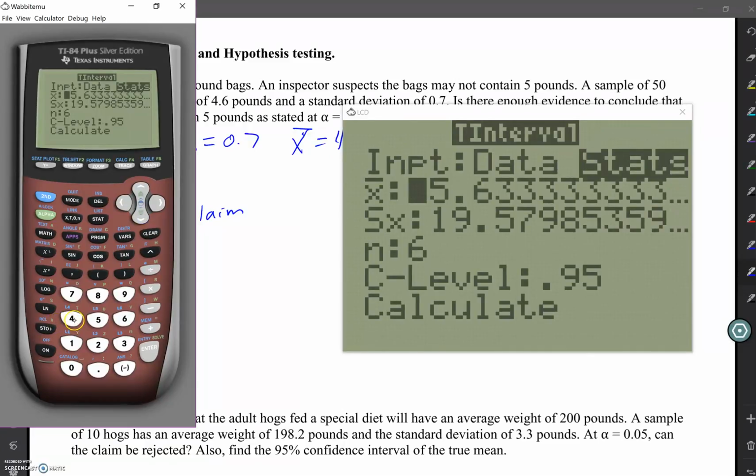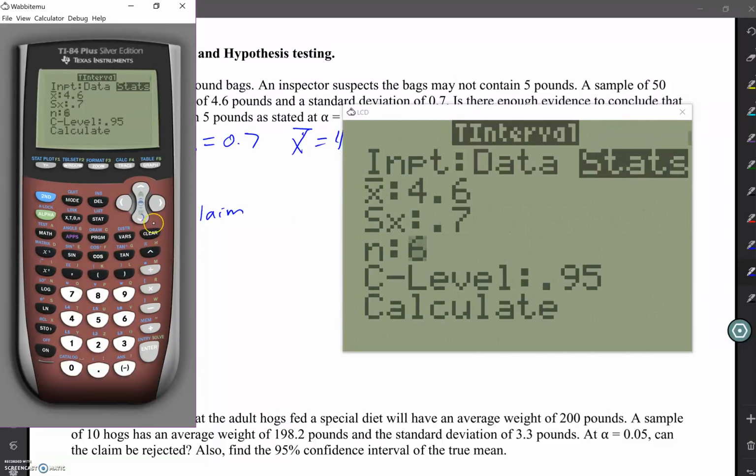And we know that our x bar is 4.6. Our standard deviation is 0.7. And our sample is 50. And we want a 95% confidence interval, so 0.95 for the C level. And let's see what we get.